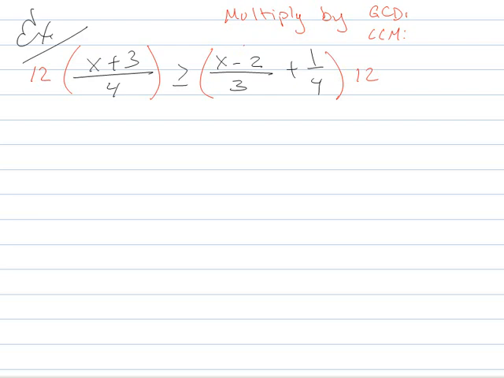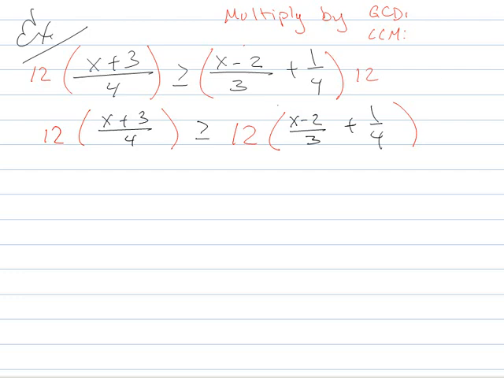So I've got 12 times x plus 3 over 4 is greater than or equal to 12 times x minus 2 over 3 plus 1/4. Now I can go in here and distribute that going across.